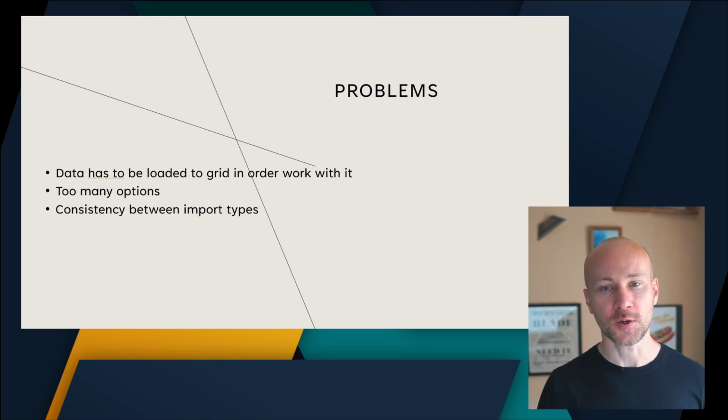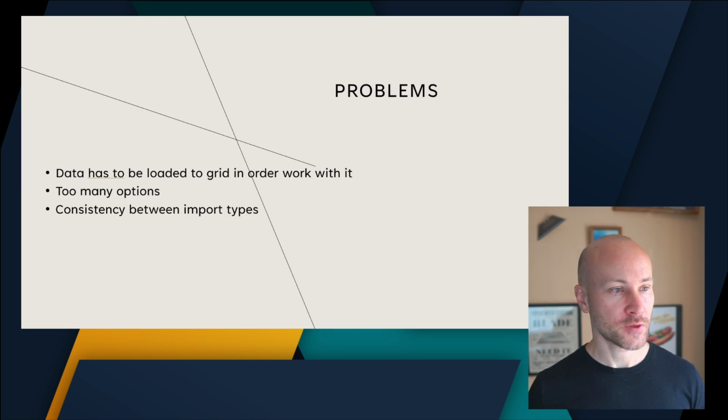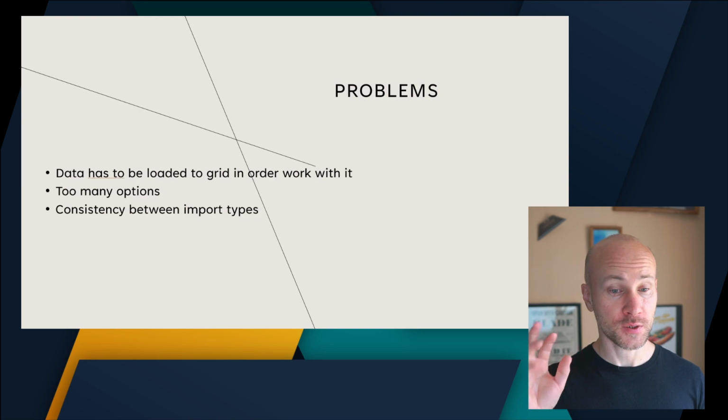And it got too crazy, where we now have so many options that it's too confusing, and a lot of them are no longer needed. So what we need to do is throw some of them out and make things simpler. And then the last thing is consistency between import types. Again, more can be done on standardizing fields and figuring out how things work. So that's what the current problems of version 6 are.